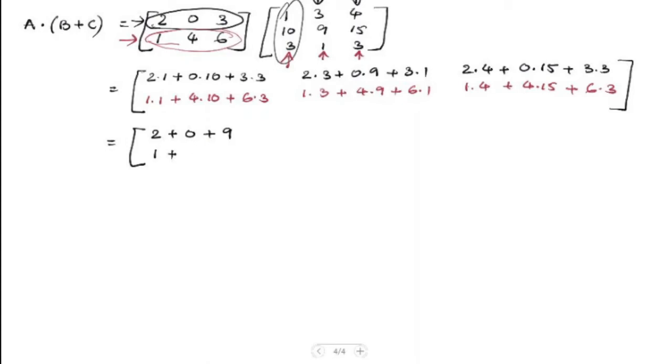Then we have here 1 plus 40 plus 18. Then we have 6 plus 0 plus 3, 3 plus 36 plus 6 here, and then we have here 8 plus 0 plus 9, and 4 plus 60 plus 18.